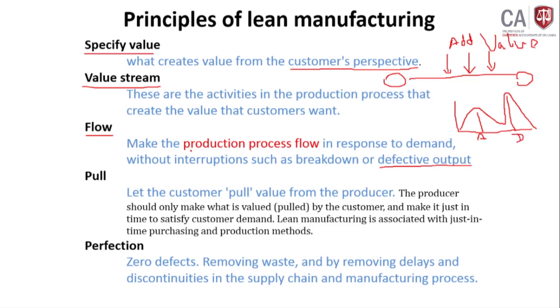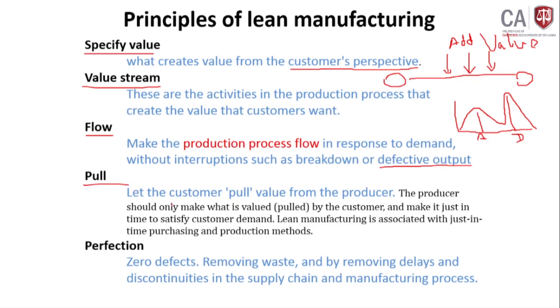Your production process also has to be streamlined according to the demand. You know that in April you have to produce this much goods, this much human resource that you require, and also you have to plan your manufacturing environment accordingly. Then you can give a very good product without having any defective products.